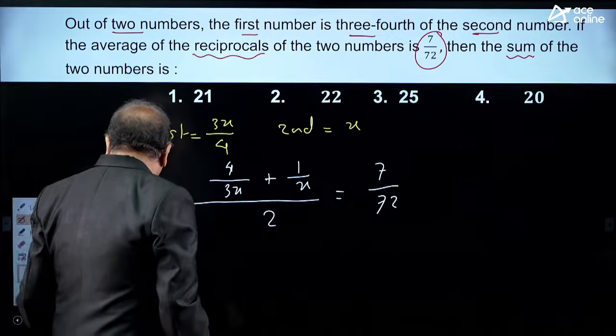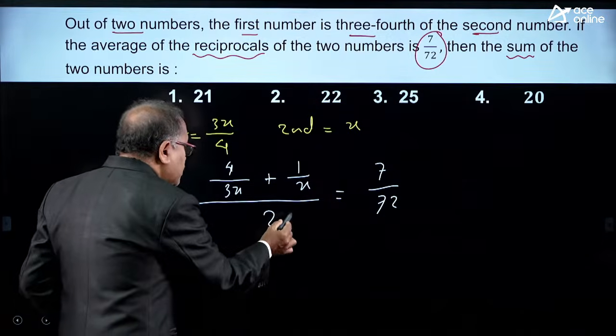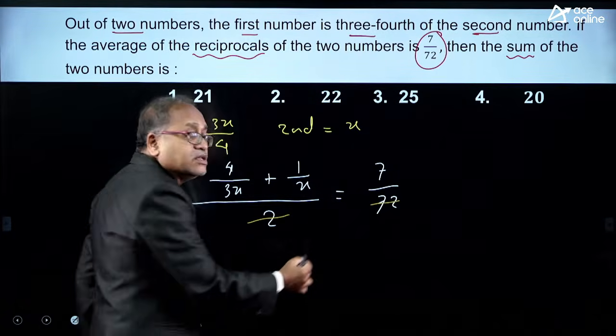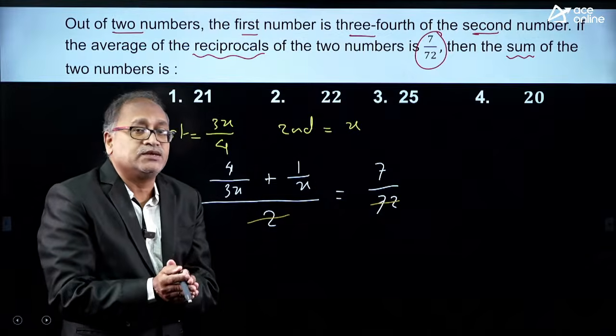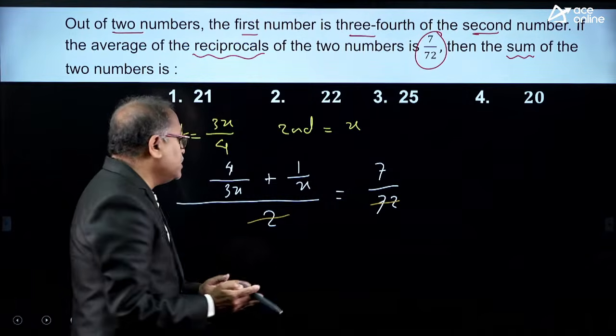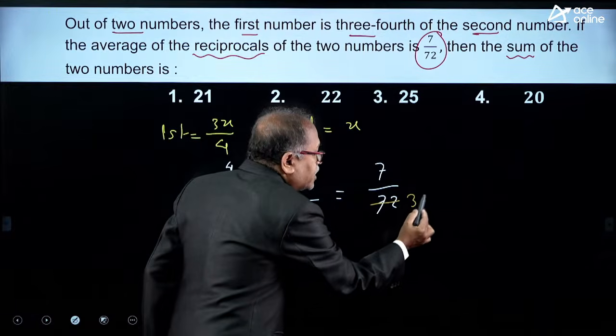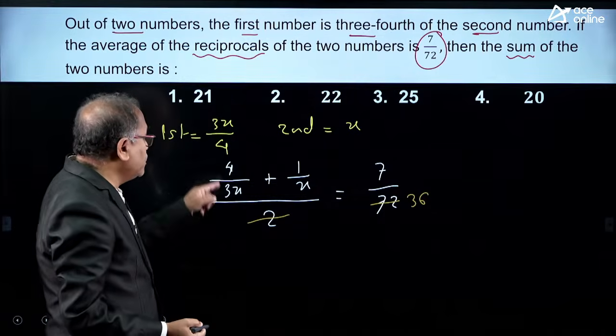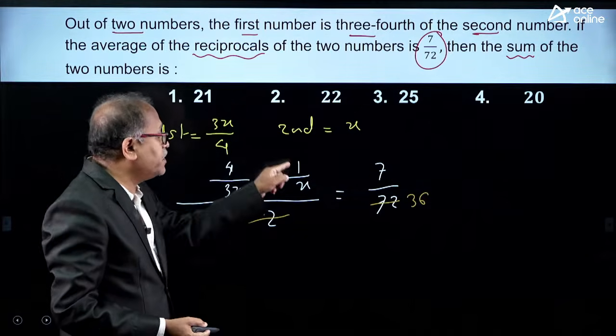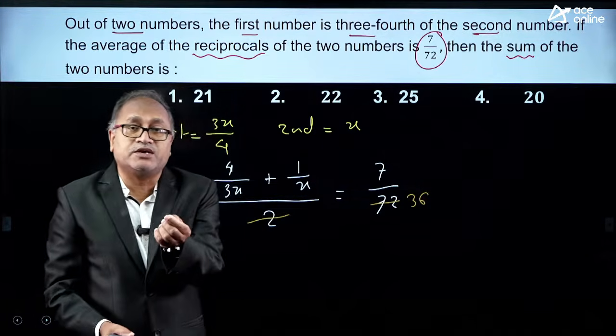I will not write down this part because I noticed that it is getting cancelled. I will directly write 7 by 36. That will give a mileage in terms of time. So you are getting 4 by 3x plus 1 by x is equal to 7 by 36.